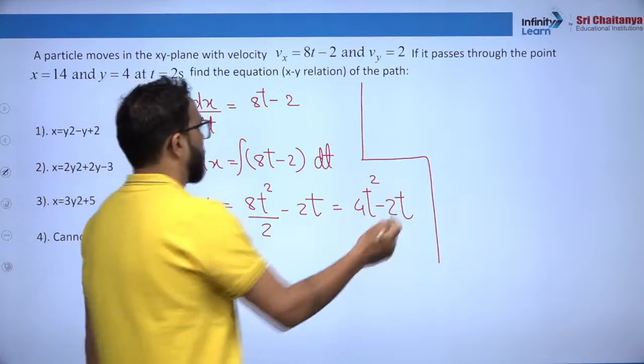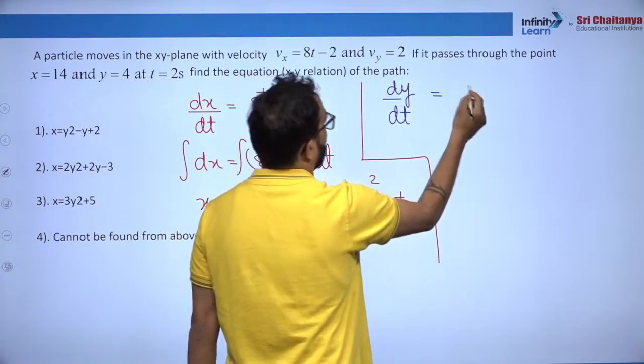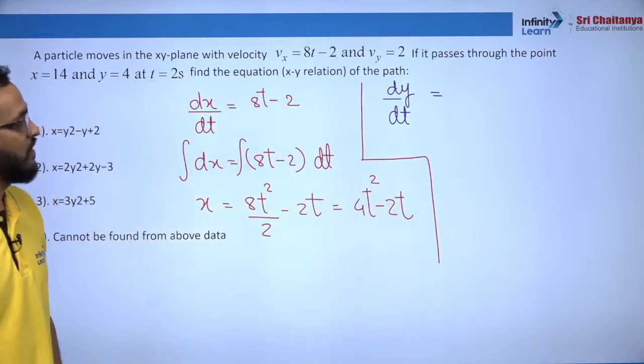So what is dy by dt? dy by dt will be, I guess, only 2, right?